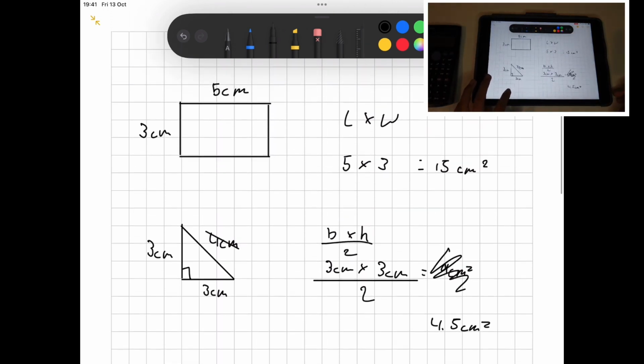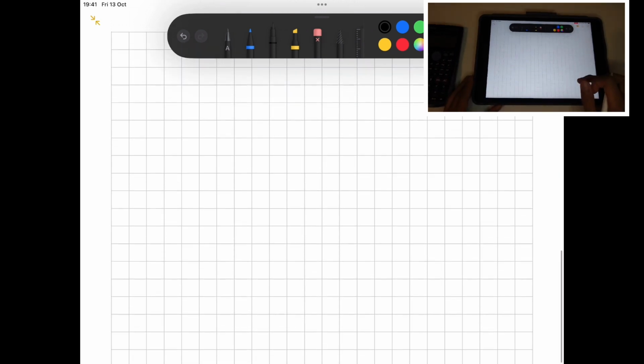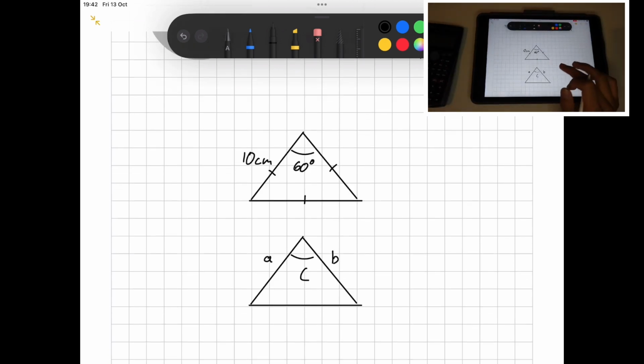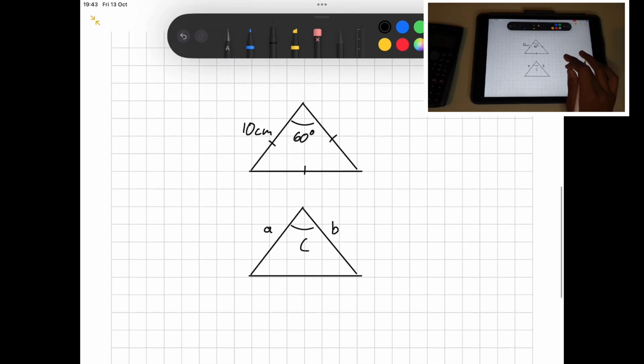Now there is another way to calculate the area of a triangle, which I shall show you quickly. So I'll just quickly sketch up a triangle. So there's a more complex way to calculate the area of a triangle, which will come in useful probably in my next video, which will be calculating the area of segments, and that is the equation.